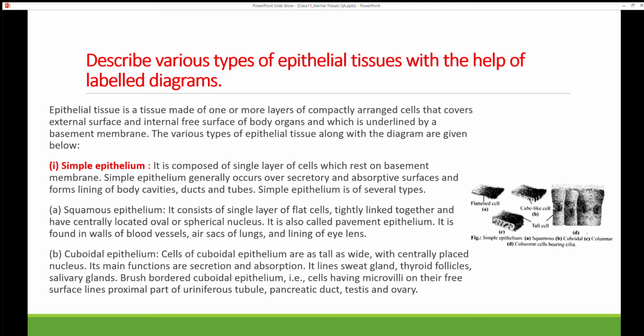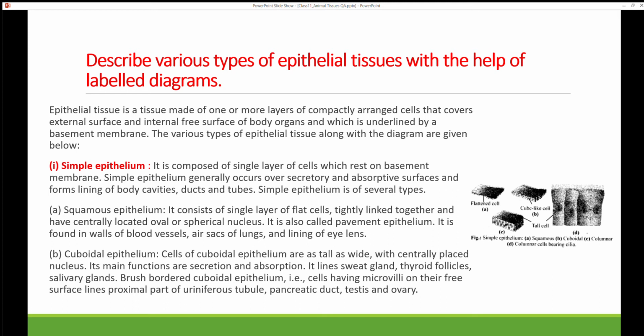These are simple epithelium: simple squamous epithelium, cuboidal epithelium, columnar epithelium. See the diagrams, which show flattened cells. The first diagram, A, shows a single layer of cells containing basement membrane, nucleus and cytoplasm. Every cell contains nucleus and cytoplasm.